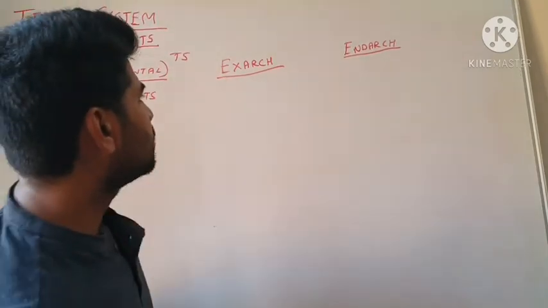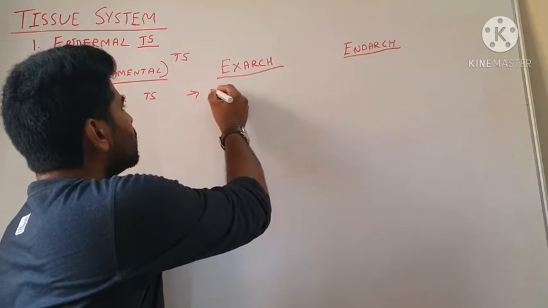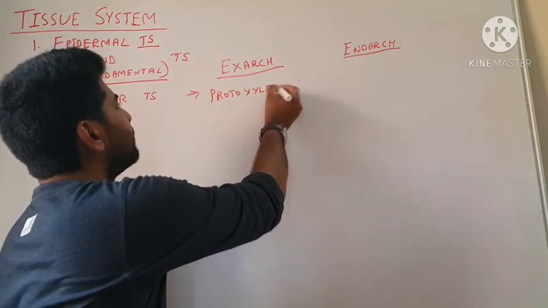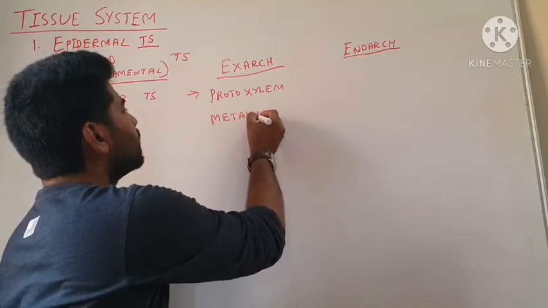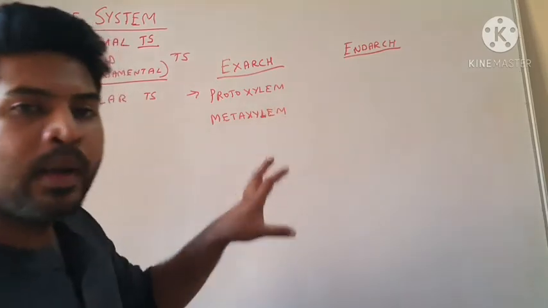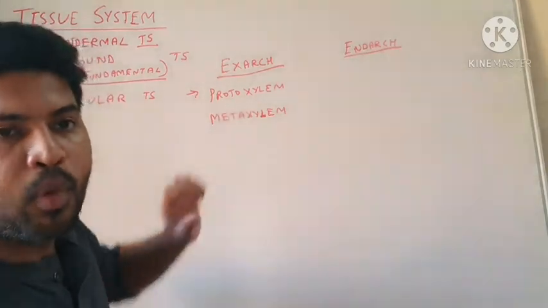So, in the exarch condition, we have the protoxylem and the metaxylem. Their arrangement with respect to each other is important.